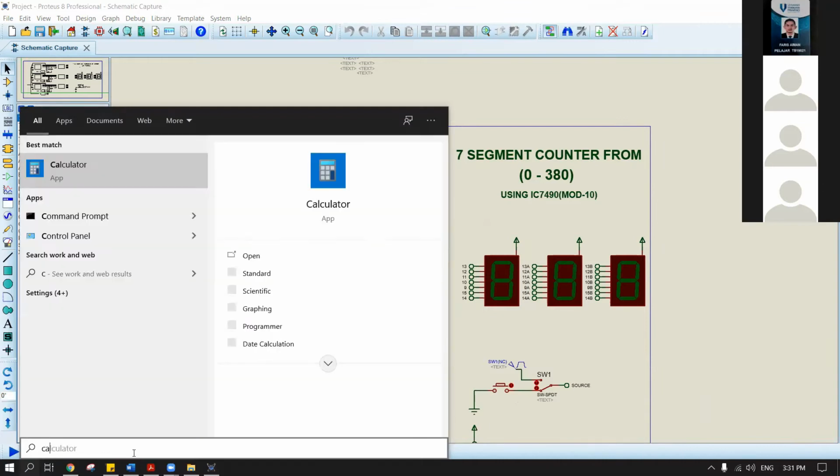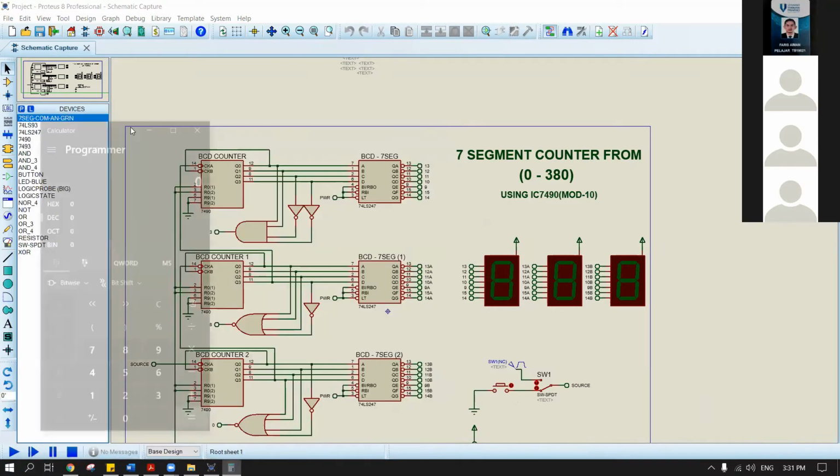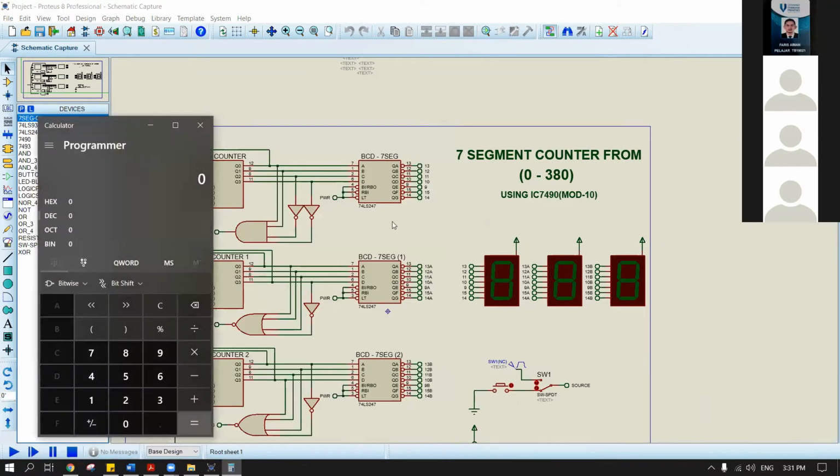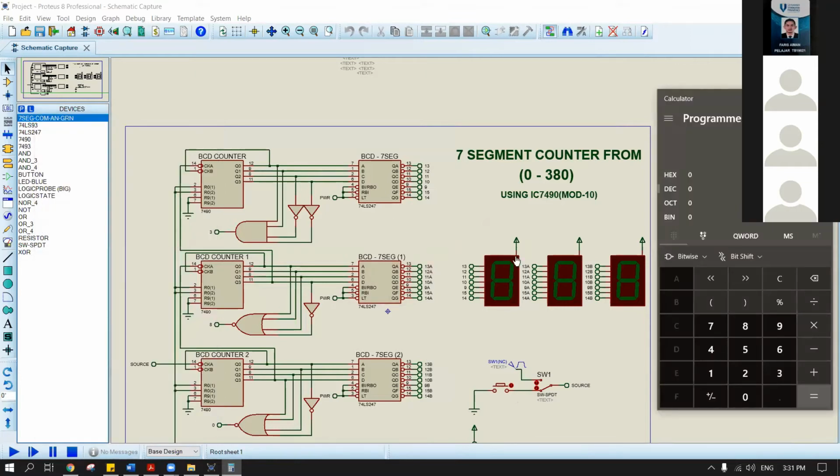First, we have to determine the BCD for our counter. So we have to put decimal 3. Our BCD is 1100. So in this IC 7490, we read the BCD code from lower to upper.